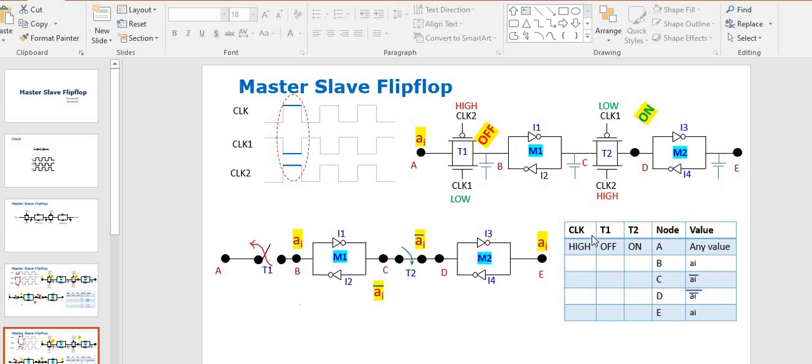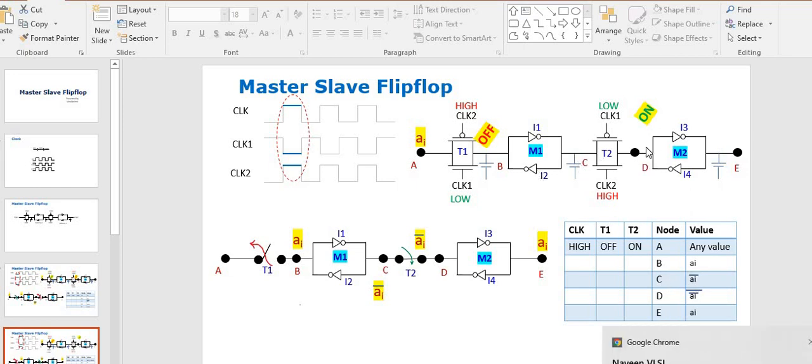If we give the clock high, the T1 pass transistor is in the off condition and T2 is in the on condition. We already know this was A, B, C, D, E. Any value, this was the off condition. Here, whatever value we give will be obtained. B also gets whatever input signal we give. C is a complemented signal.